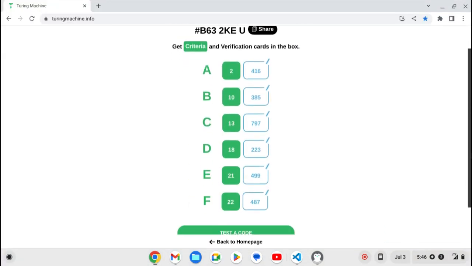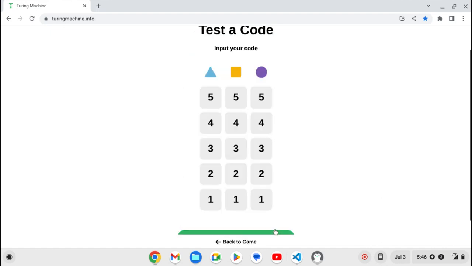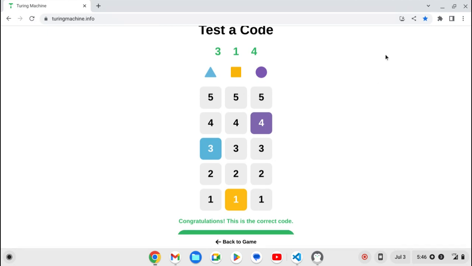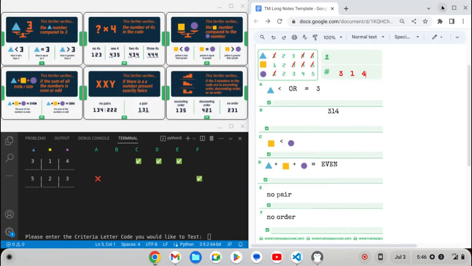So let's verify, or test the code and verify 3, 1, 4. Let's take a look. It is very interesting, 3, 1, 4. Okay, so luckily we were able to deduce, I guess, well, we didn't even test criteria card B. So let's do this.